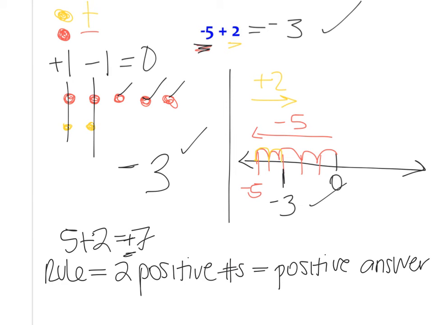But in this case, we didn't have two positive numbers. We had a mix. We had a positive and a negative. Now, what did our answer end up being? Our answer ended up being negative. What do we notice about the negative 5? In terms of distance and absolute value, negative 5 is a bigger number.